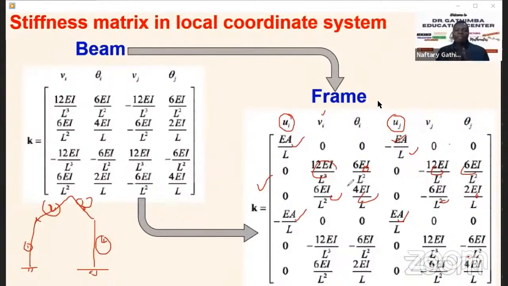And for the global stiffness matrix, we cannot combine different elements which are oriented in different directions. So we need to bring them to the global coordinate system. That's why we need to do the transformation. Now, in transformation, we have the transformation matrix that we derived for the bar element.